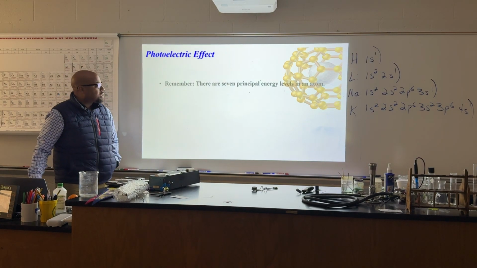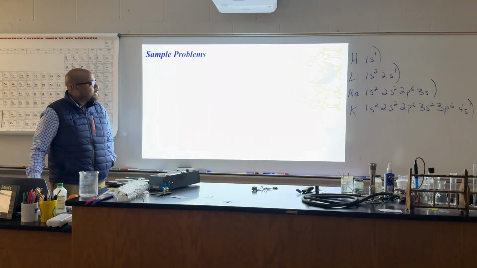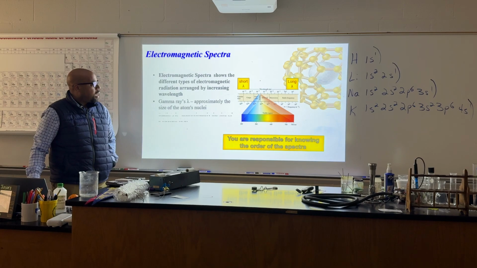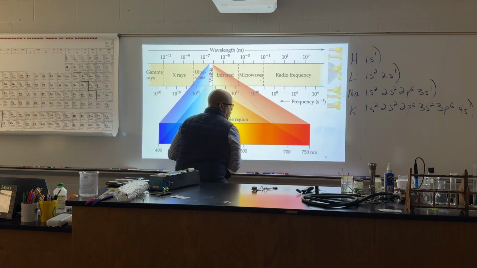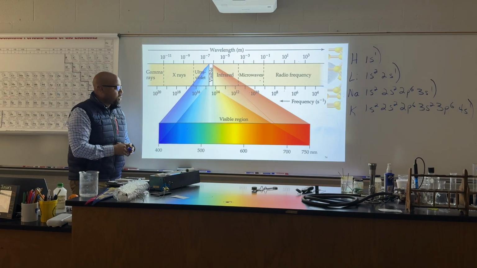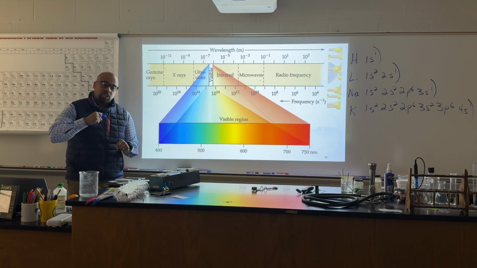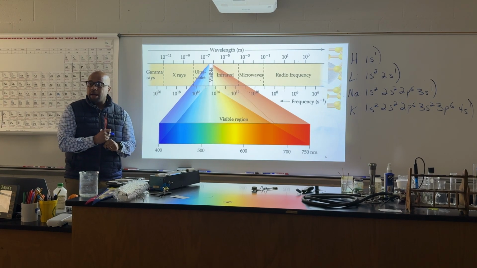The way that he studied this is he went back to using electromagnetic radiation, the visible region of it. And what he did is he shined it on a piece of metal.